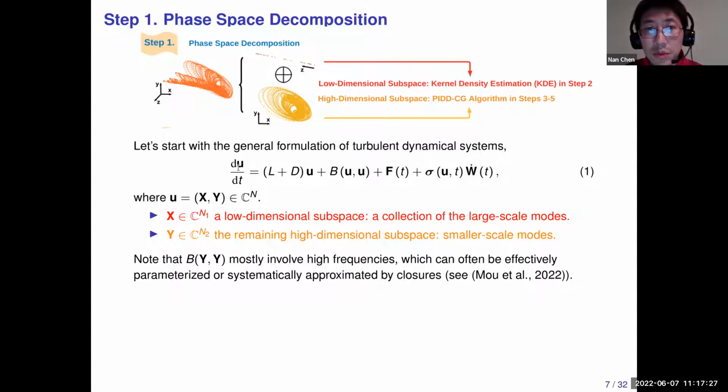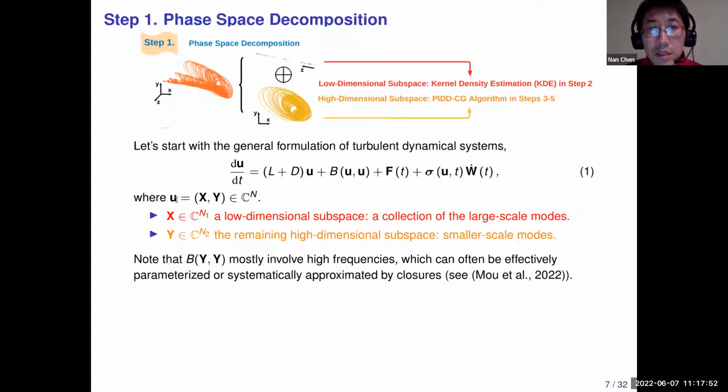We treat this U as a state variable. On the right-hand side, first we have these linear terms: the damping, dissipation, and other linear interactions. This BUU is a quadratic nonlinearity, which usually conserves energy, like the advection or other things. This F is a deterministic forcing, and we can add some stochastic forcing if we want.